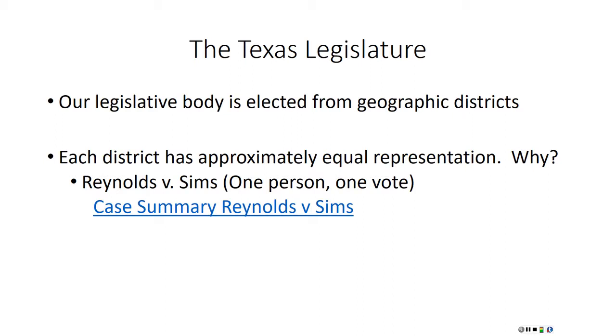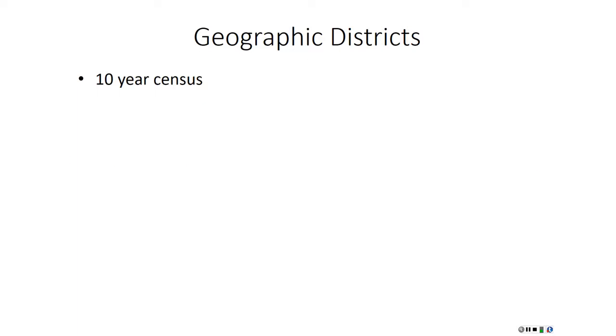Well, that's great, that's fine, but how do we know how many people we have in Texas? Easy. Every 10 years, the United States is required to conduct a census. I've included a link to the Texas population in 2010.